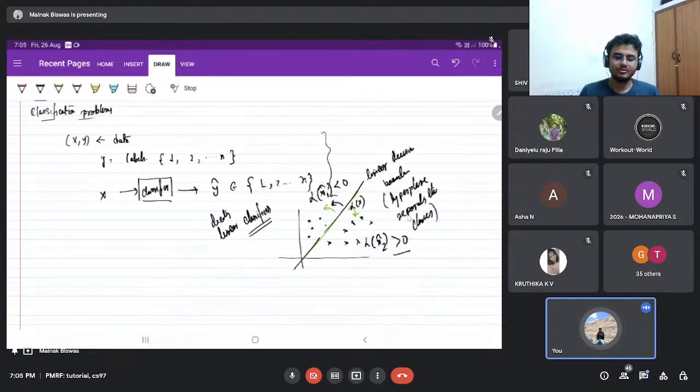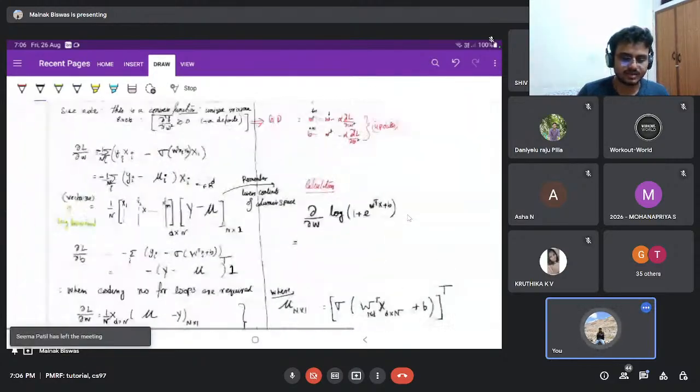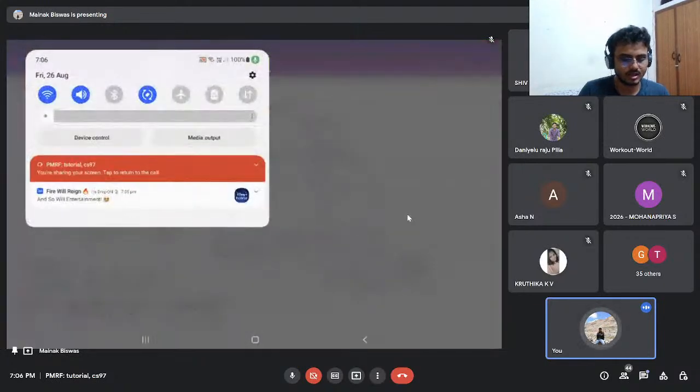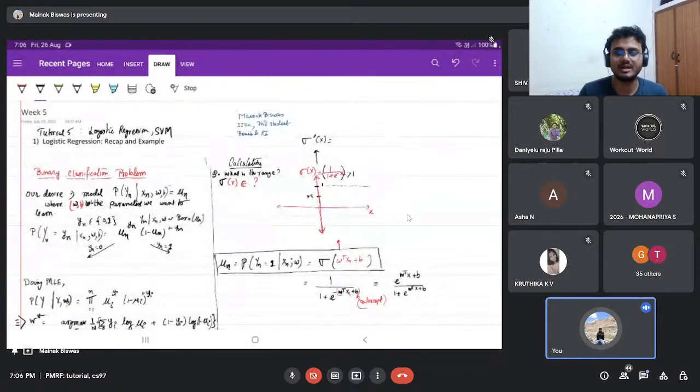So if it is less than 0, you'll be classifying it as a positive example, and vice versa for the other case. Is the broad idea about a classification problem clear, or if anyone has a doubt, you can ask, or we can proceed to the particular algorithm of logistic regression. I don't think there is a problem regarding this. This was a brief recap.